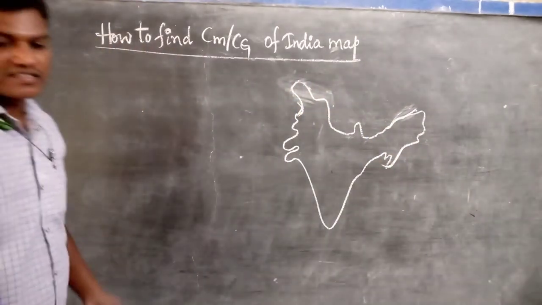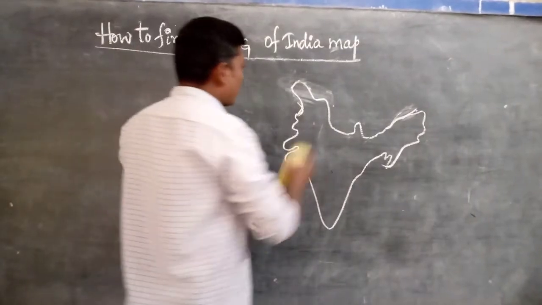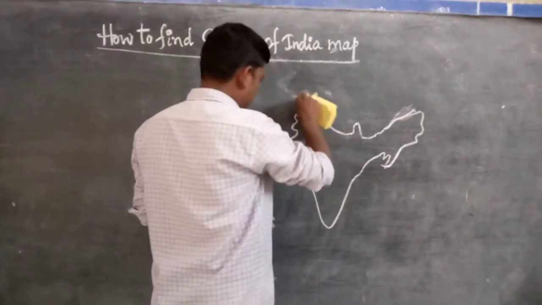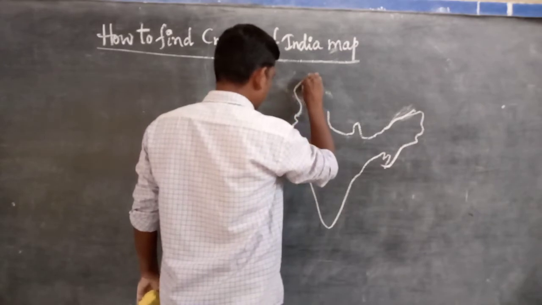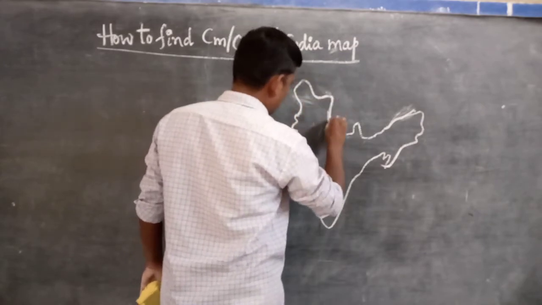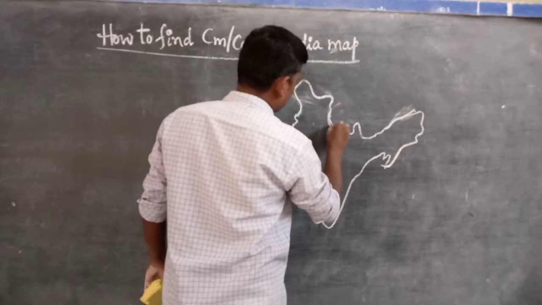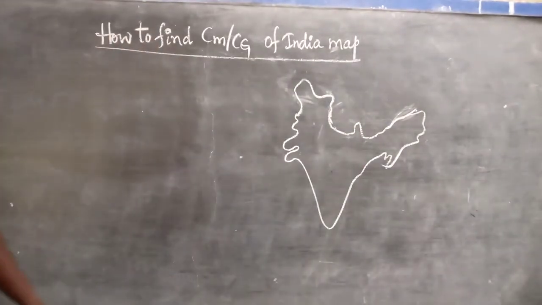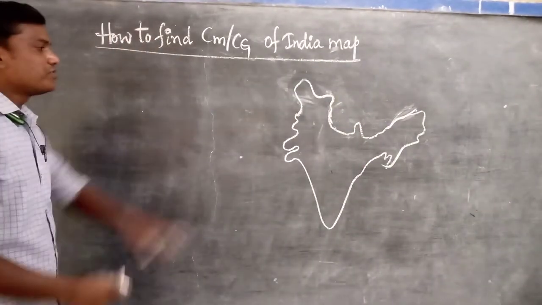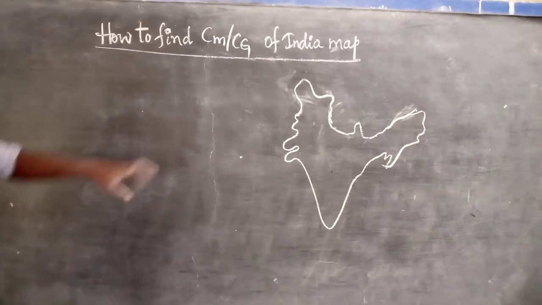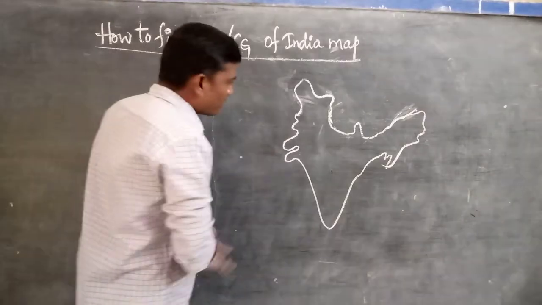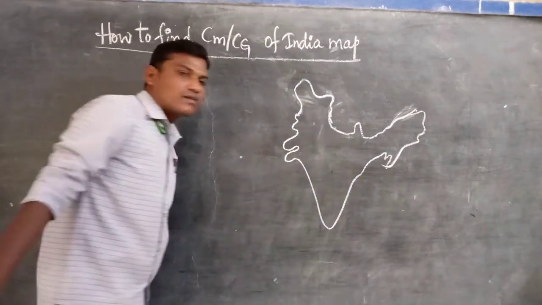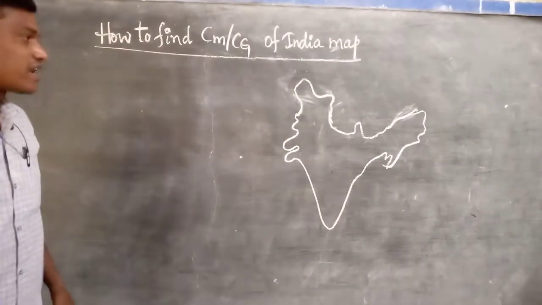It is a rough diagram. So we mention it as the India map. It is made of steel.